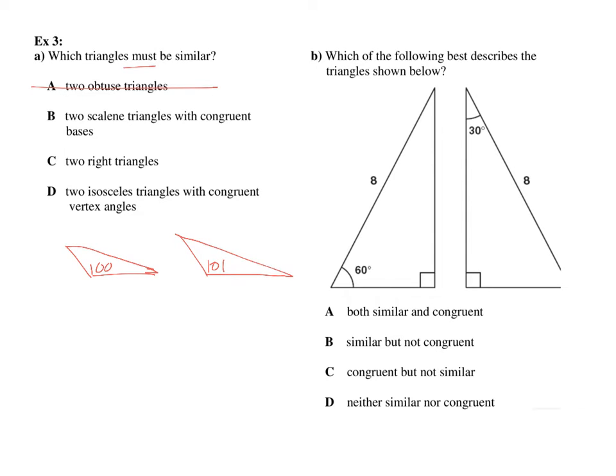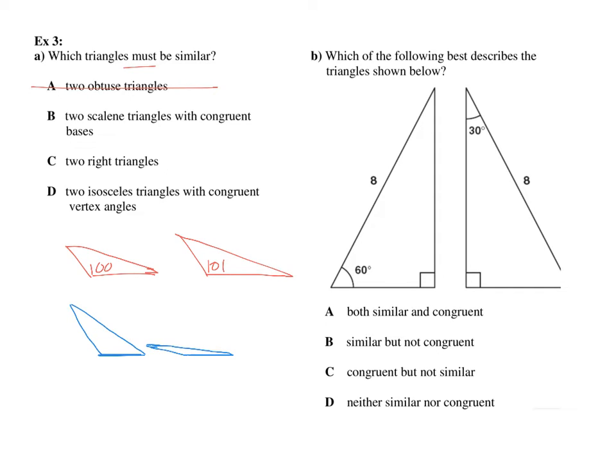Two scalene triangles with congruent bases. Okay, so here's the base. This is my scalene triangle. All right, here's another base. And then I'll do something like that. That's another scalene triangle.